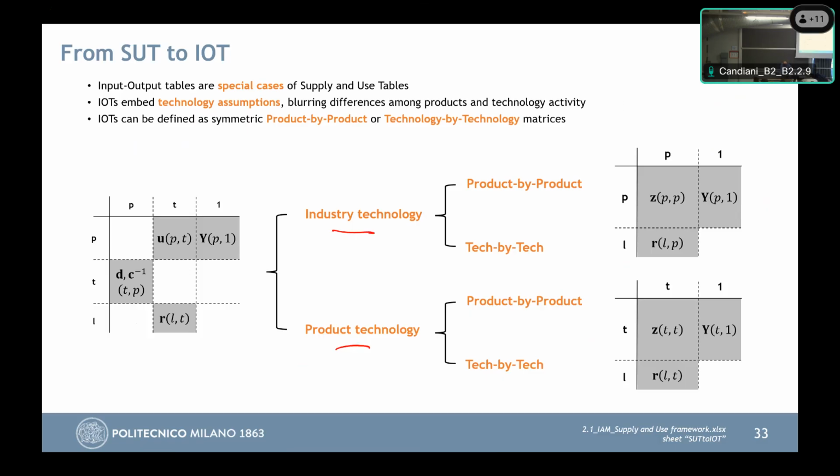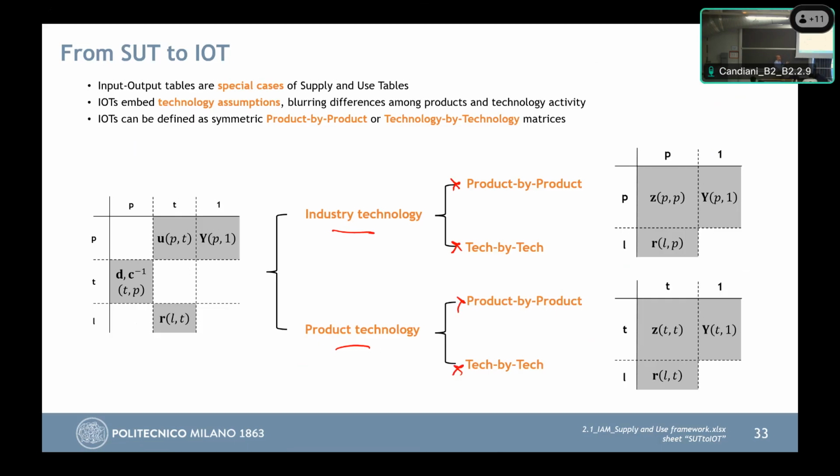So we can find out there 4 types of tables: product by product or technology by technology, defined according to the industry-based technology assumption, or product by product and technology by technology, defined according to the product technology assumption. So anytime you find a table, before you start using it, you have to wonder which type of assumption is represented, and which type of table we have in our hands.